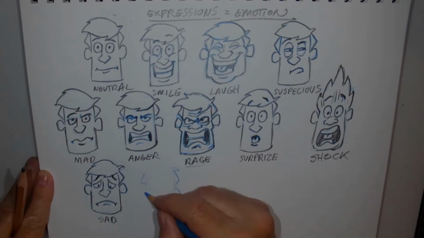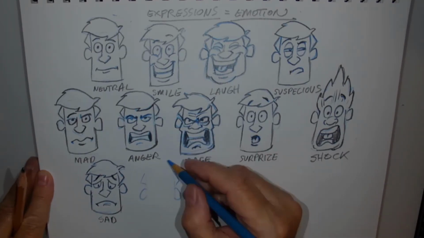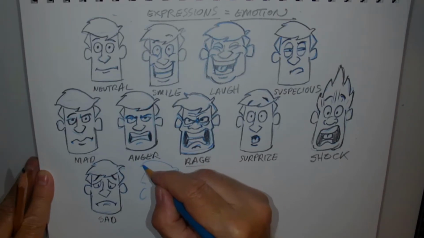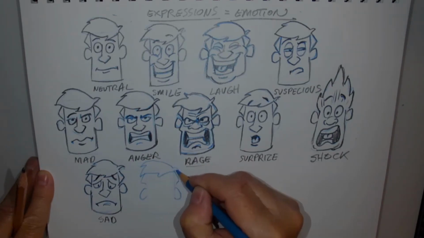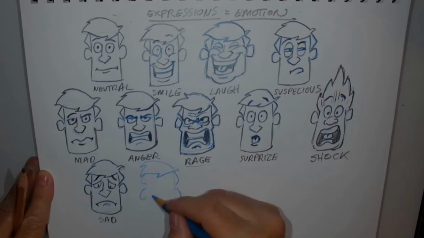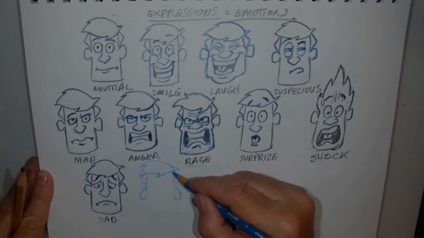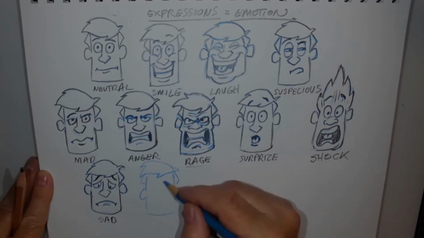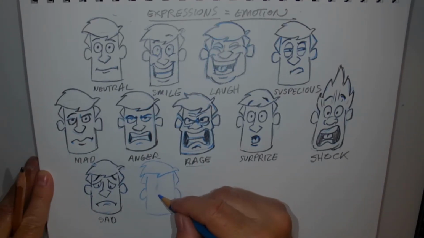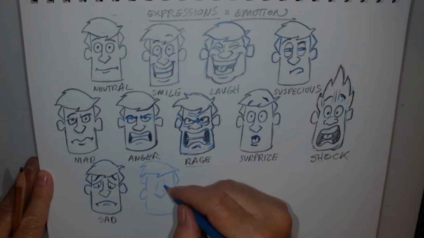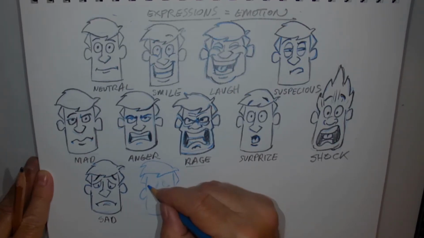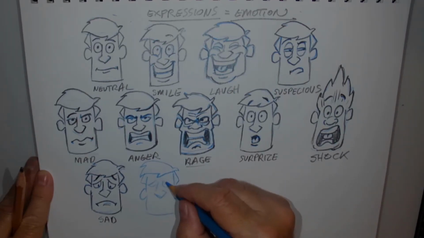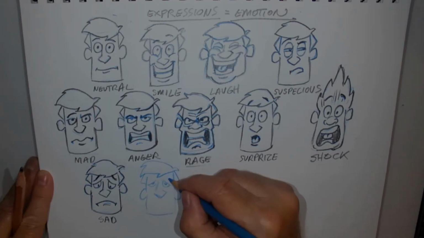I'm going to even get those ears looking kind of like a puppy when the ears are folded down when they're looking guilty or sad. I'm going to do that with our character here. So here I'm going to get that nose shape here. And I'm going to really play up that sad look.